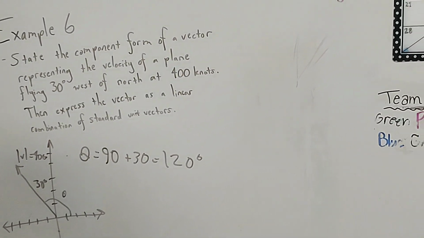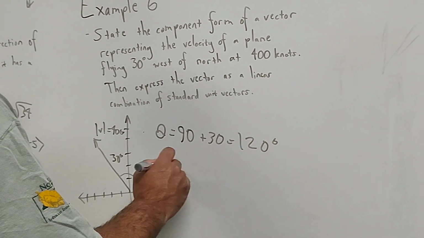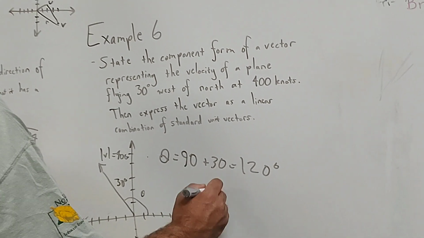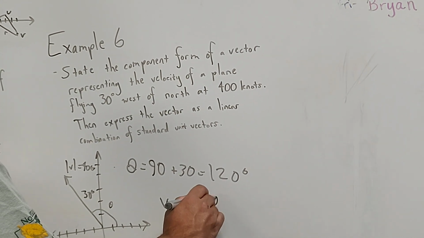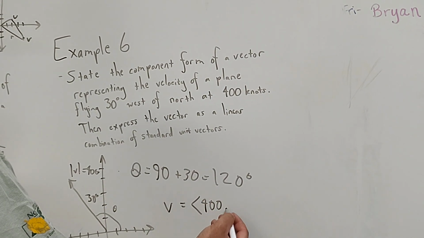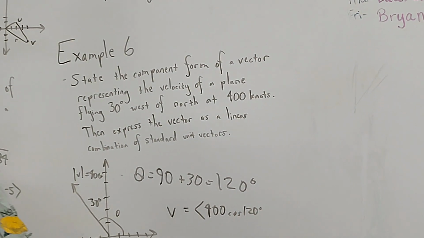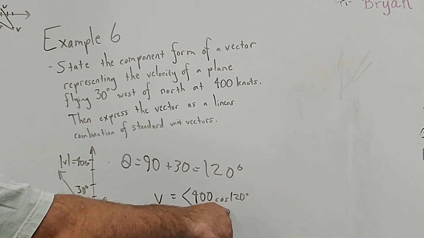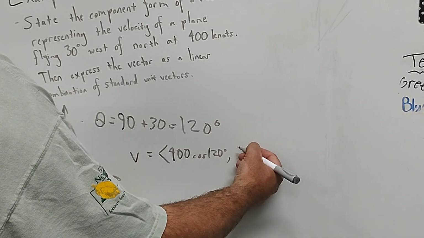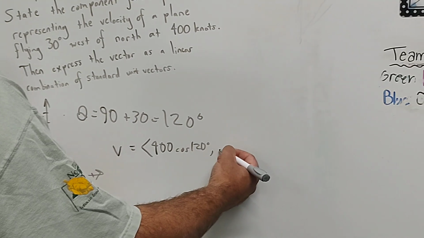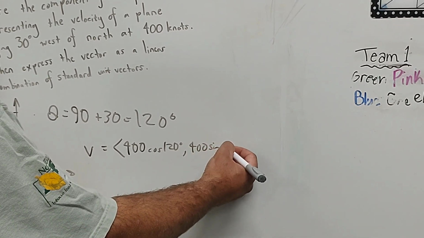The way we get to our component form is we're going to take our magnitude, 400, and multiply it by cosine of theta, because cosine relates to our x values. Next, we're going to take our same magnitude, 400, and multiply it by sine theta.